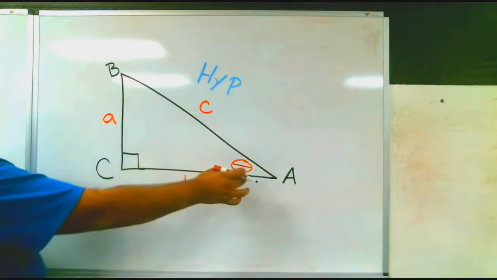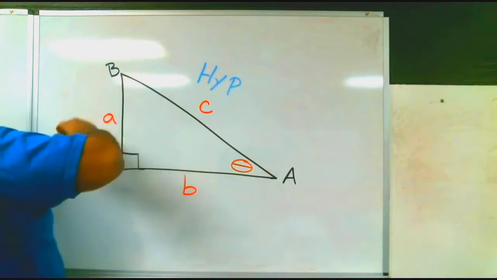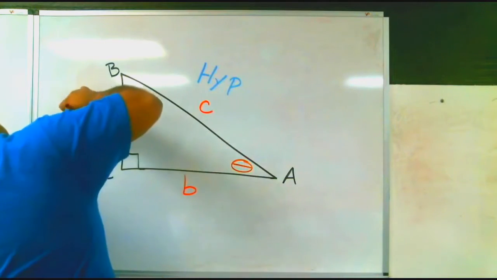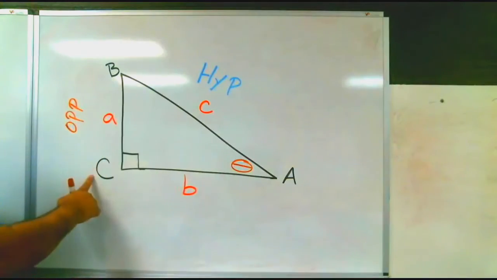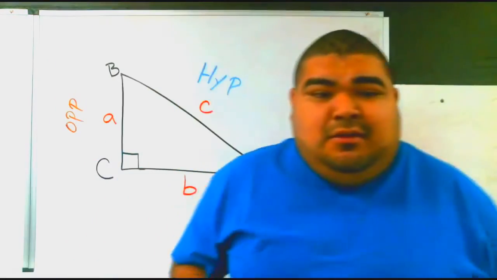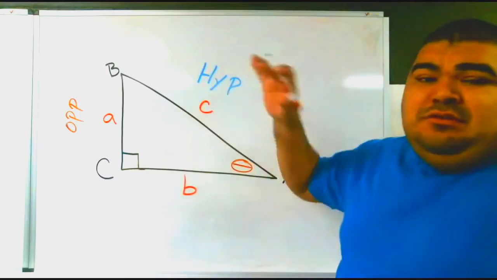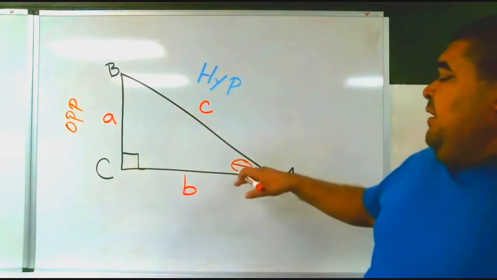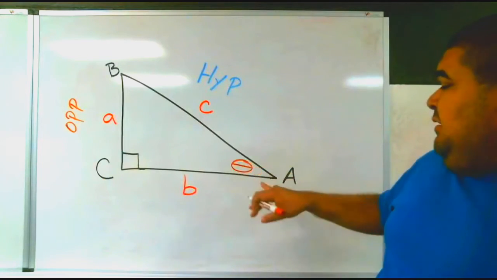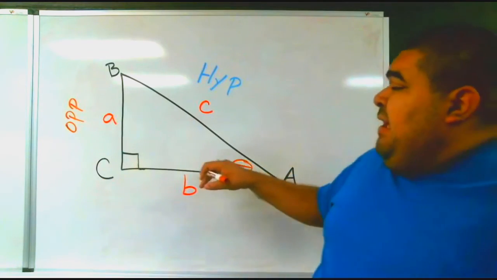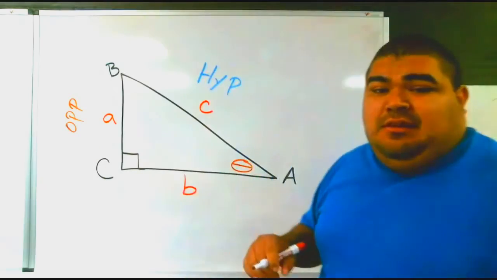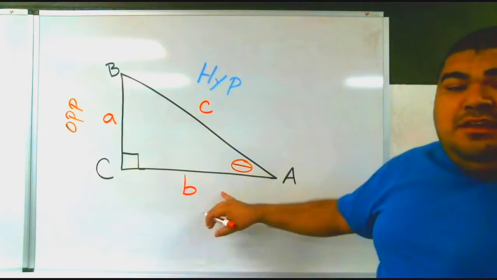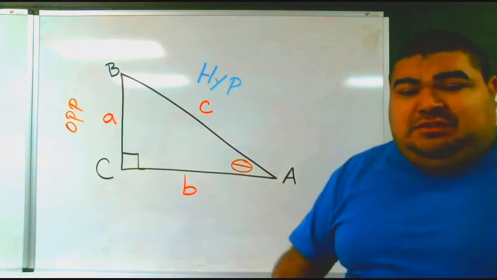So in this case, if theta is on A, then your opposite side would be between B and C. Hypotenuse never changes. Always across from your 90-degree angle is your hypotenuse. If theta is on one of the angles, across from that angle is always your opposite. That means that next to your theta is always your adjacent.